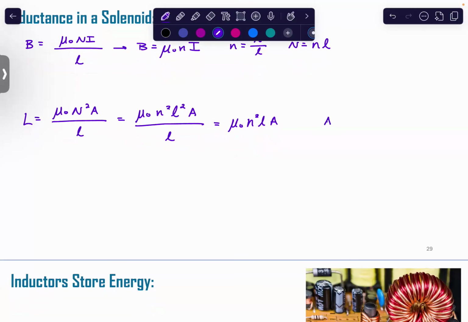What does A equal? Yeah, pi r squared, circular coil. So that's one form of it. Or, so that's going to be inductance inside of a solenoid.